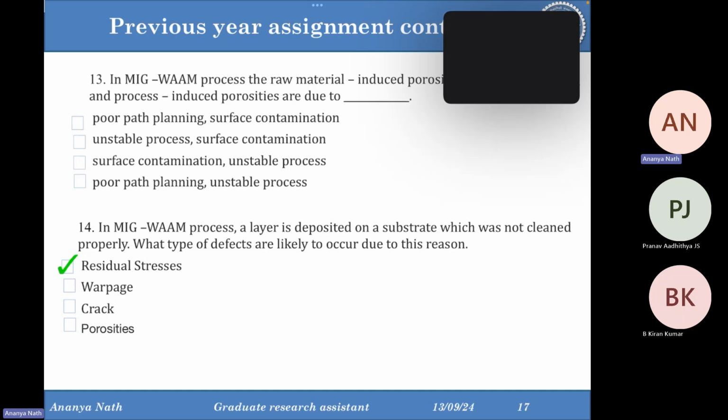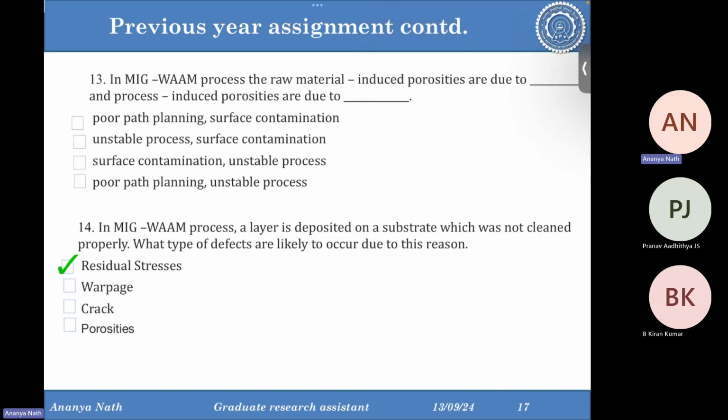In the MIG process, the raw material induced porosities are due to dash, process induced porosities are due to dash. Ma'am, surface contamination, unstable process.